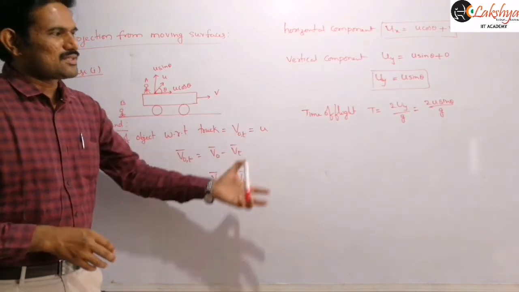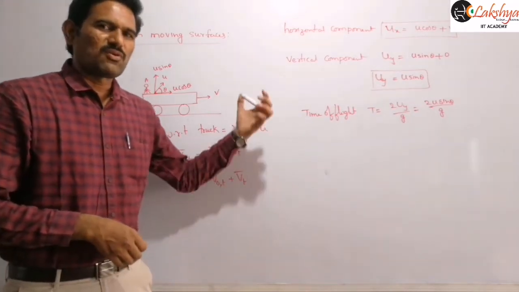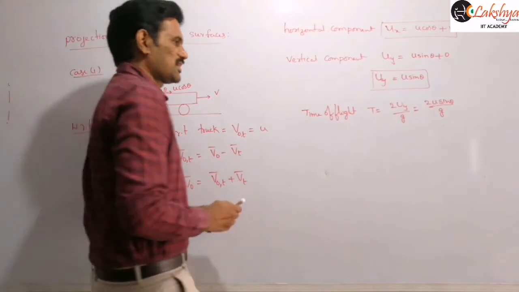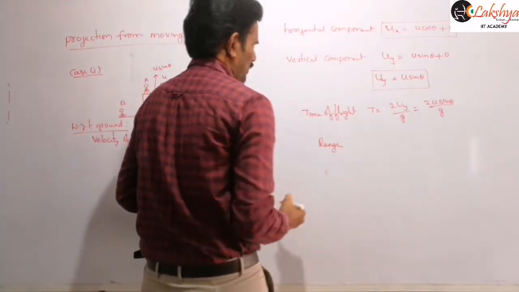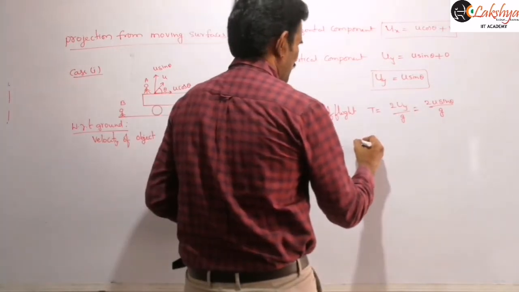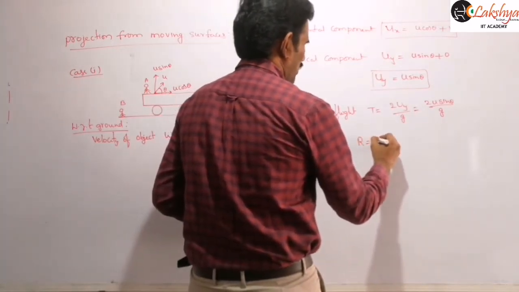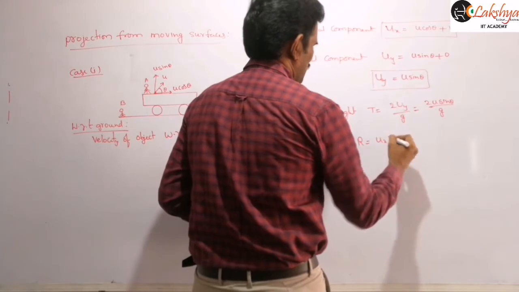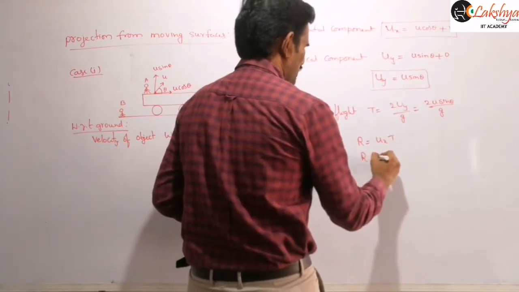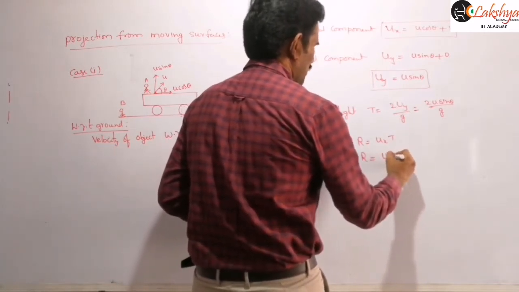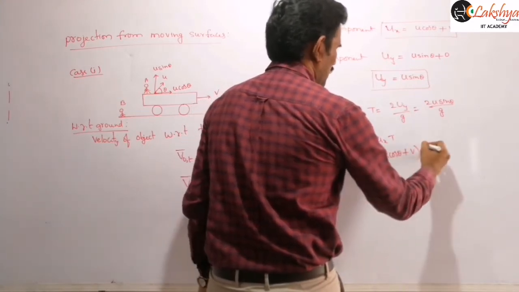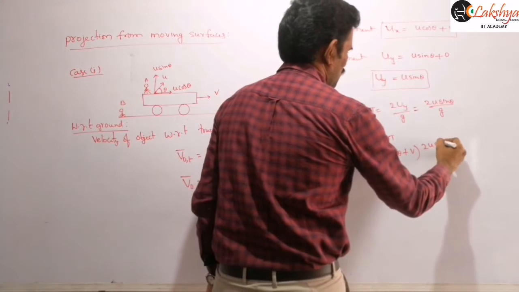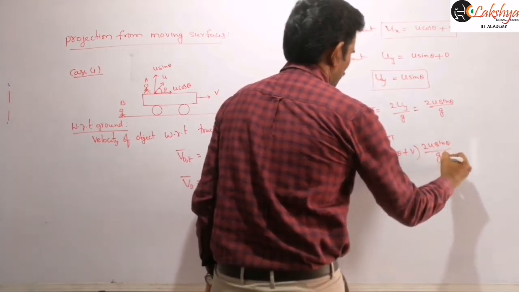And if you know the time of flight, you can calculate the range. So that range, R, is equal to u_x into this T. Therefore R is equal to u_x, which is u cos theta plus v, into T, which is 2u sin theta by g.